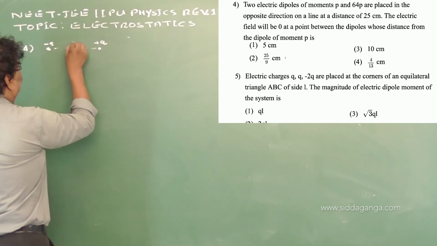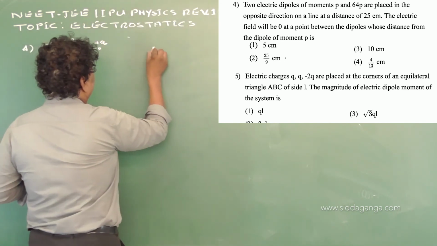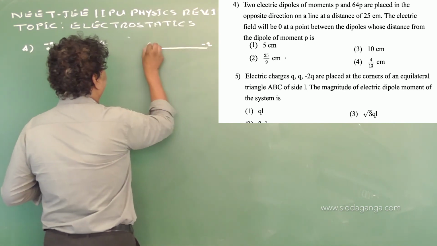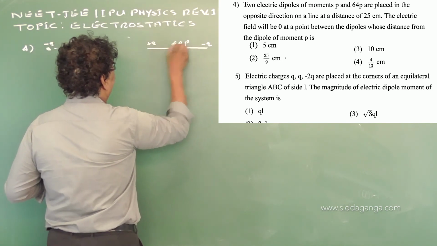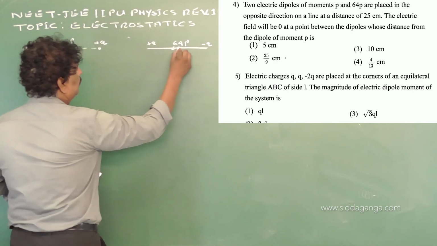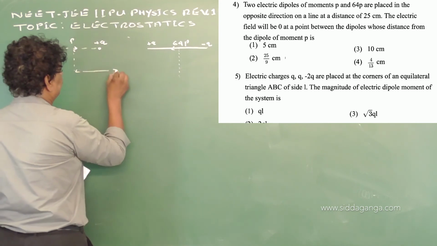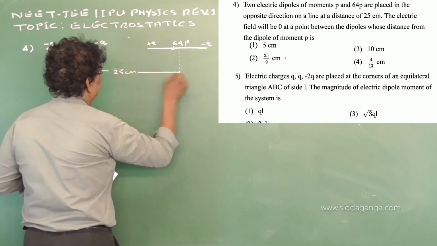with dipole moment P, and another one, minus q plus q, with dipole moment 64P. Now these two are separated by a distance of 25 centimeter.